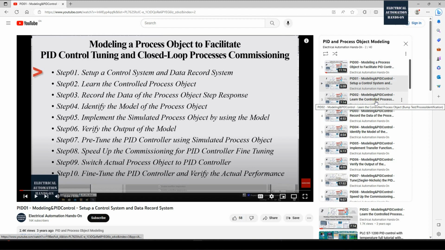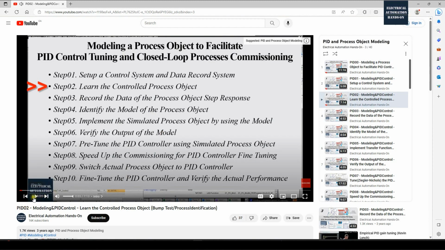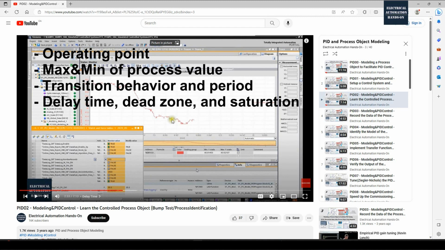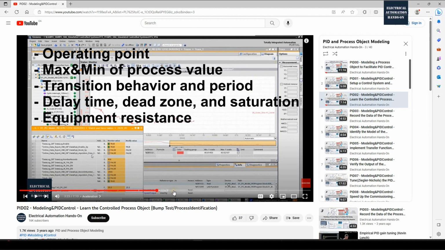Learn the controlled process object. And once you go to this PID02, please review this video. In this video, I explained how to record this curve. There are some important items we need to be very careful about.